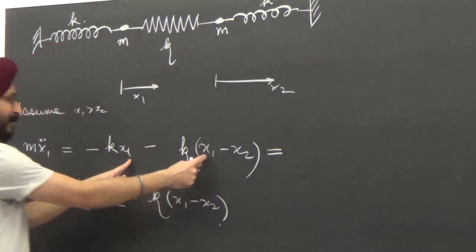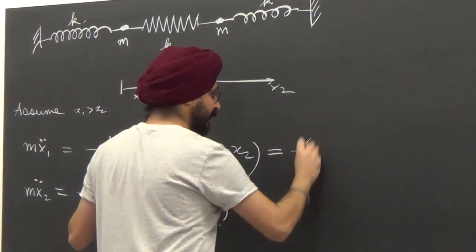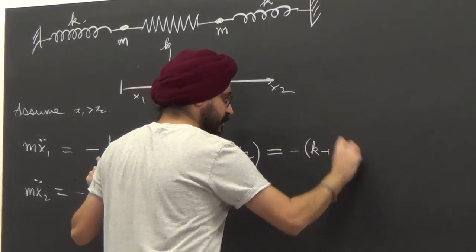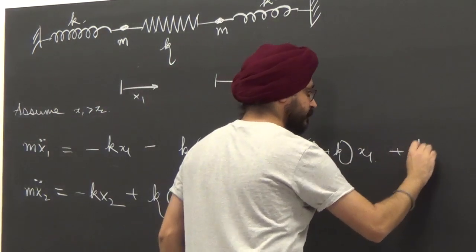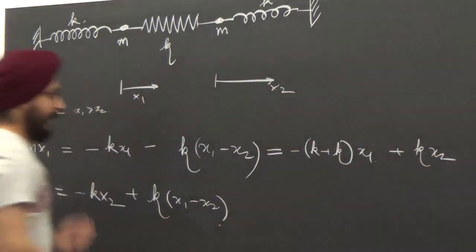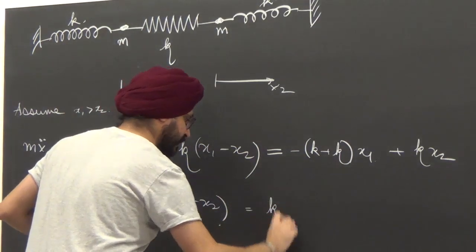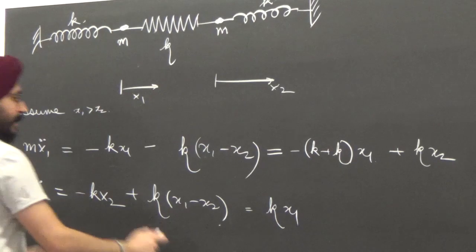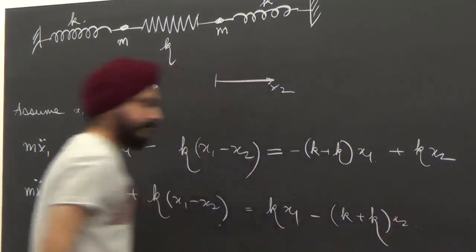So pull the x1s together. So minus k minus kappa, so minus (k plus kappa) times x1 plus kappa x2. Just combine x1 and x2 individually. Second is kappa x1 minus (k plus kappa) x2.